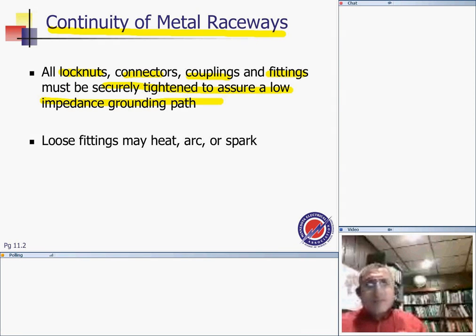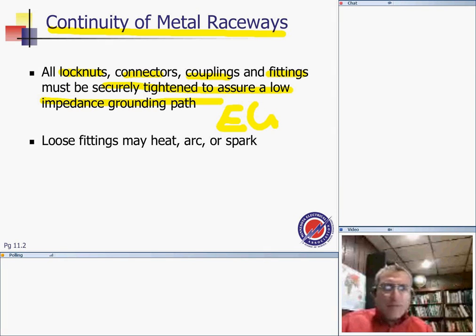If it's a major $500,000 switchgear, you're going to burn that switchgear because of a loose connector, and I'm just exaggerating here, or a loose lock nut on a ground fault or a short circuit. So this all has to be tight to ensure that your equipment grounding conductor is the best low-impedance path to ground, meaning the current will go as fast as it can back to the source through the conductors, to clear the fault.